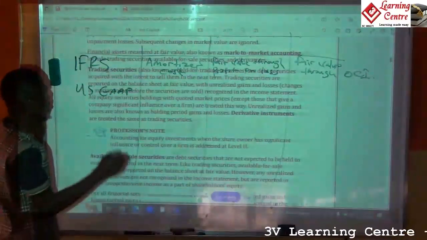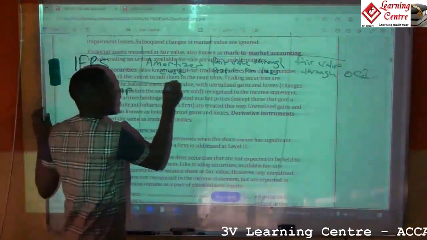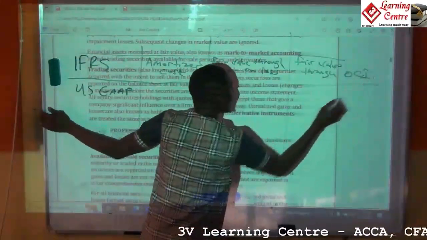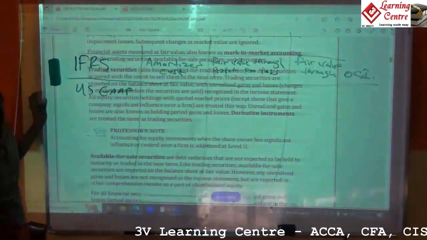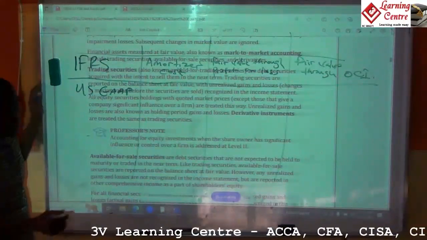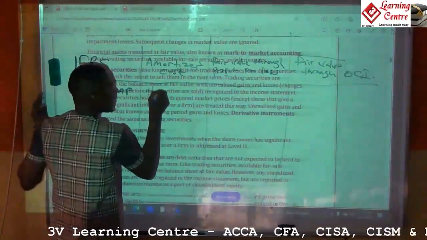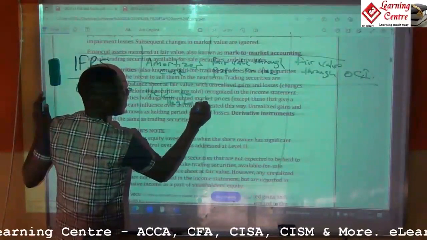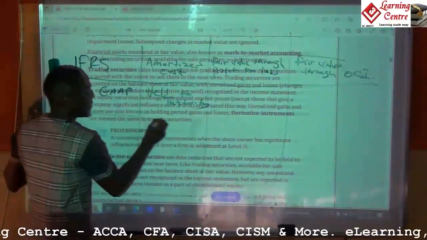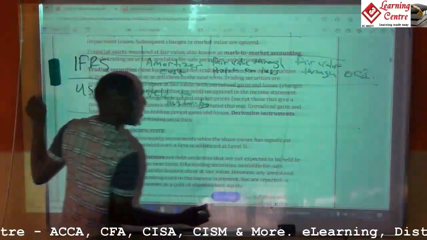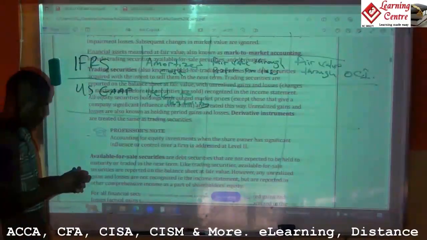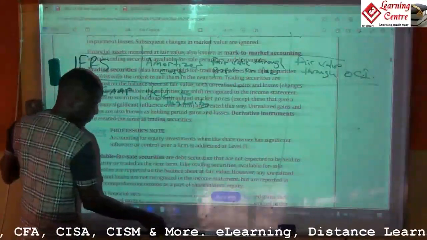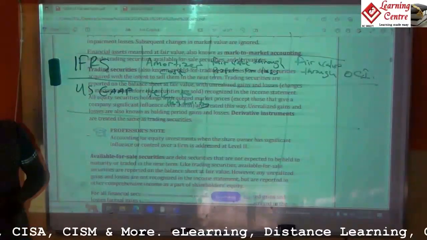That is for IFRS. That is what IFRS calls it. Why US GAAP says no, we are not calling it amortized cost, whatever. We call it held to maturity. Are we together? Held to maturity, trading securities, then available for sale securities.